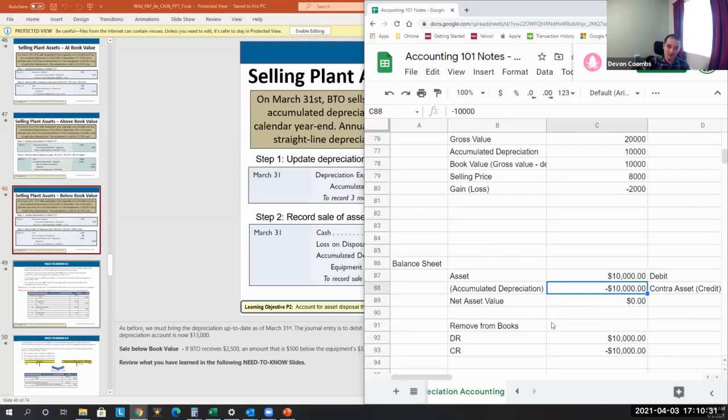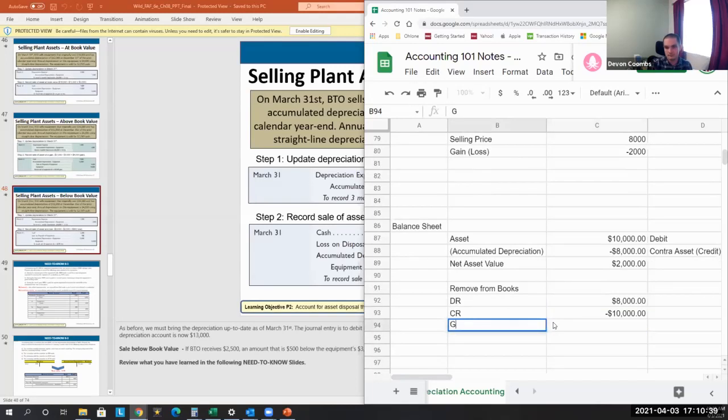If this changes, right, let's say our accumulated depreciation is 8,000, we're going to have a gain or loss. So in this situation, we have a loss, right?